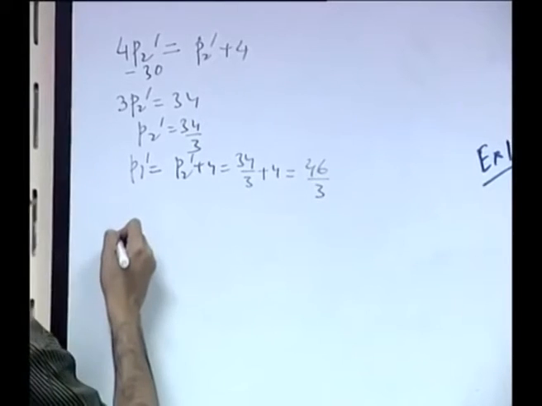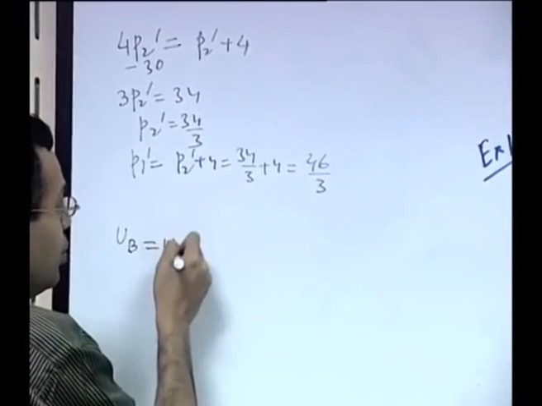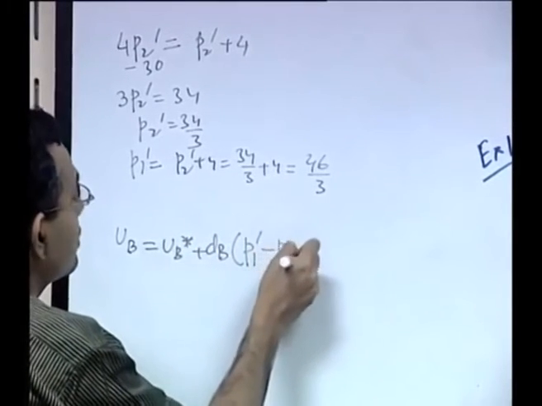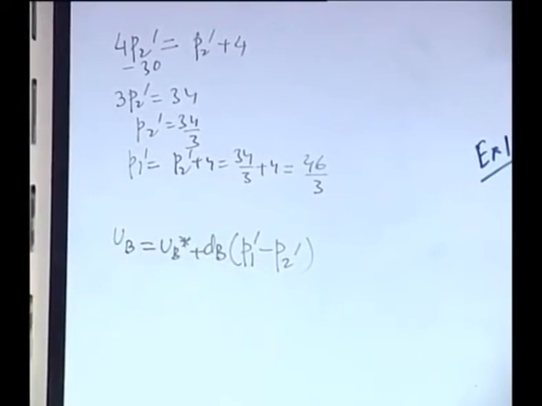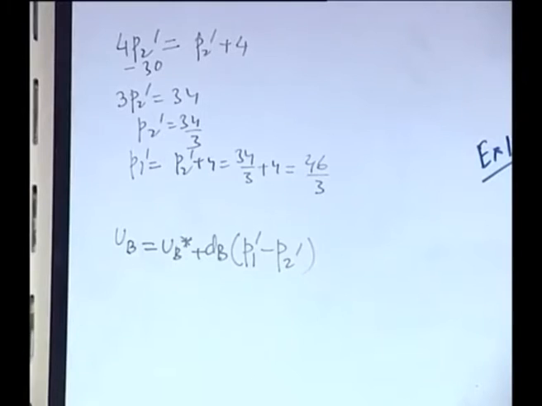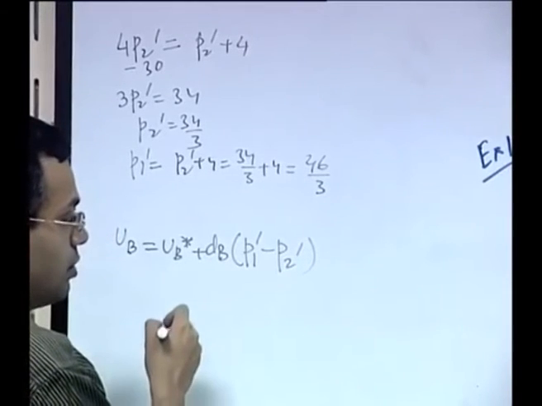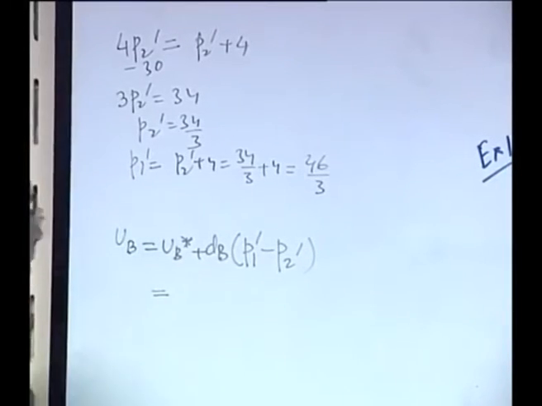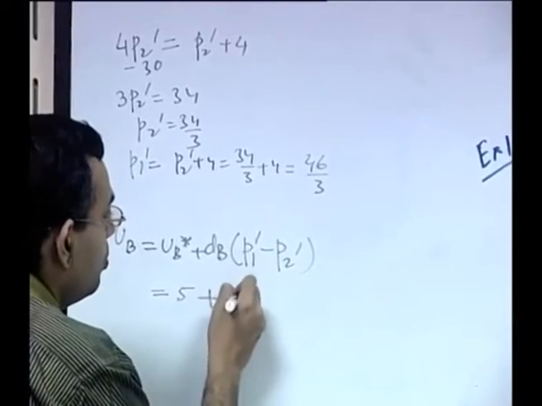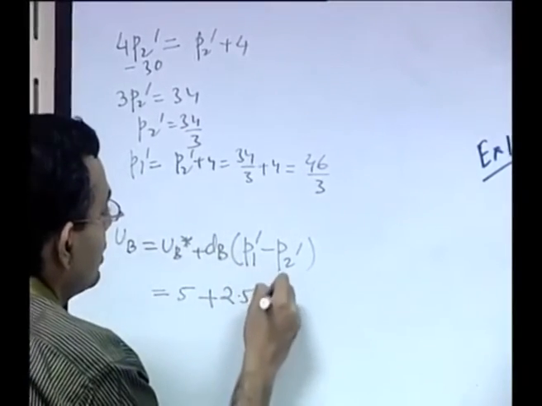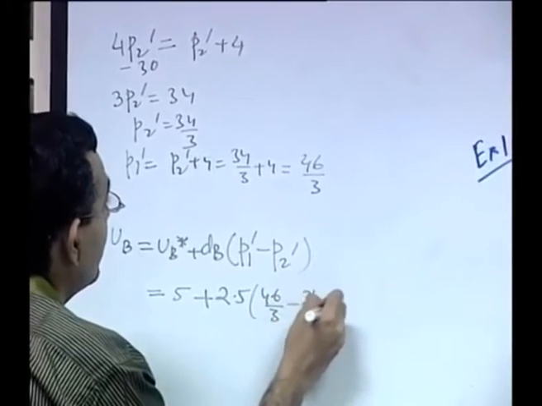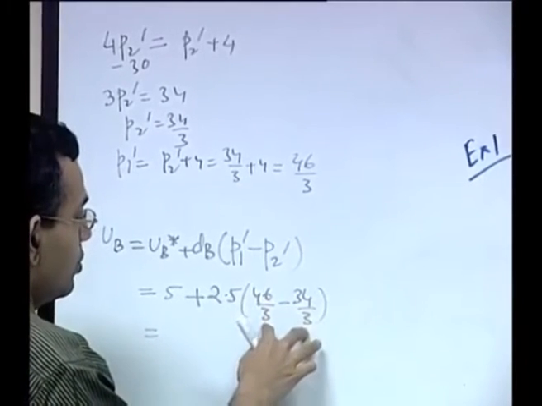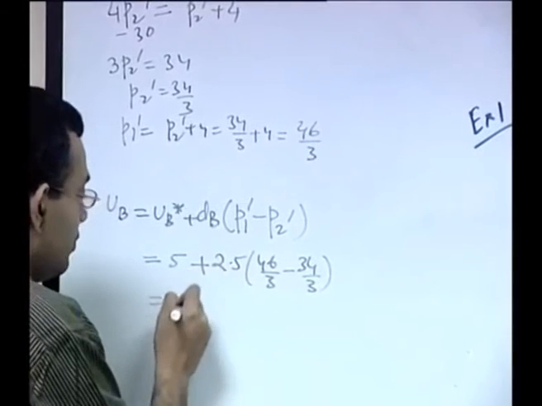So now you have UB equal to UB star plus DB into P1 prime minus P2 prime. What is UB star? 5 plus DB 2.5 into 46 by 3 minus 34 by 3. So this is equal to 12 by 3, that is 4, into 2.5 is 10 plus 5 is 15.